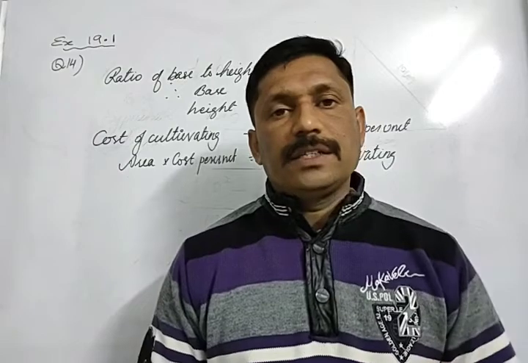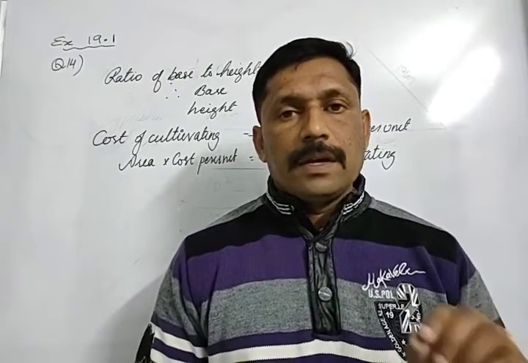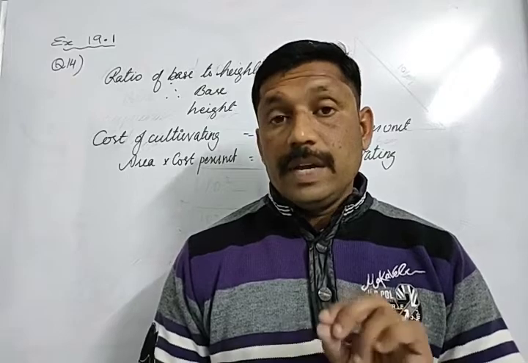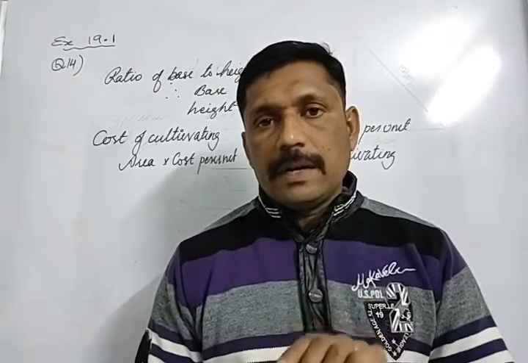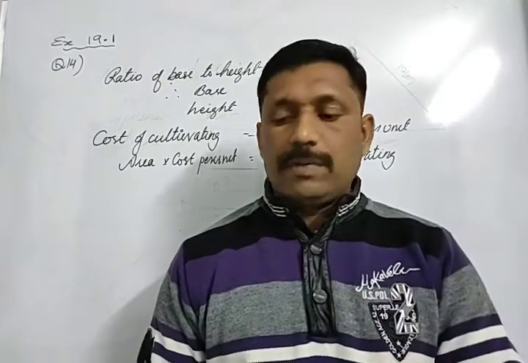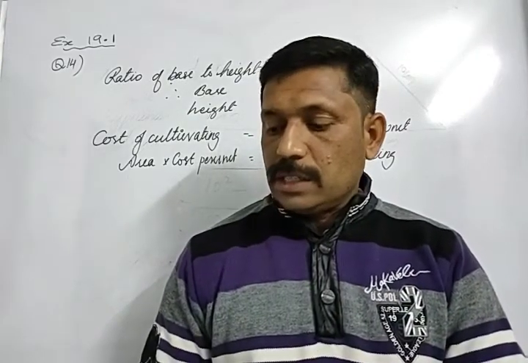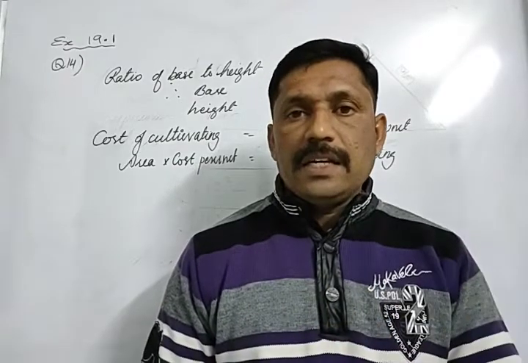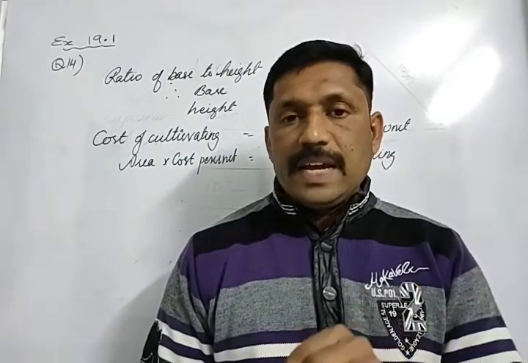Cost of cultivating the field, how do we get that? We get the cost of cultivating the field by multiplying the area of the field with the cost per unit. Here cost per unit is 28 rupees, and when the area is multiplied with the 28 rupees, we get the total cost.